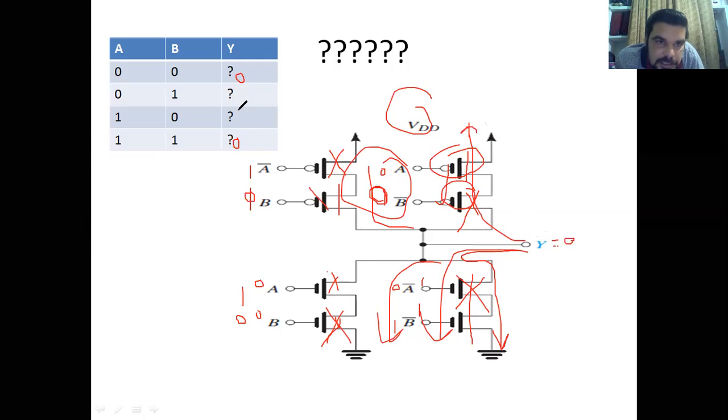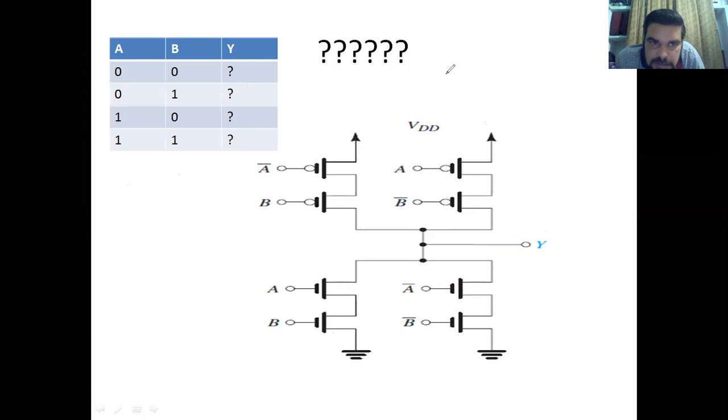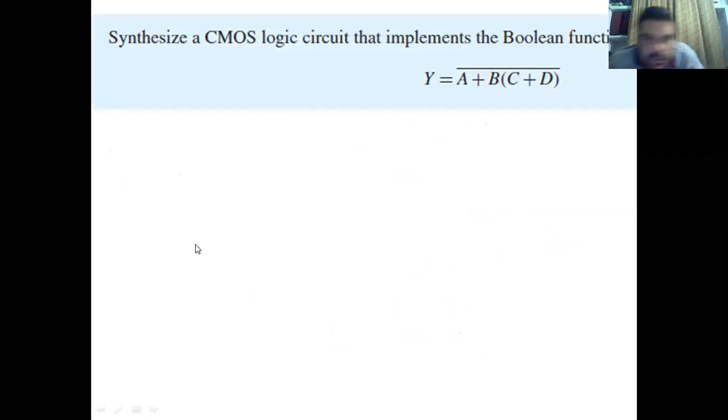It means that if A is 1, B is 0, output will be 1. Similarly, if A is 0, B equal to 1, output will also be 1. So what does this truth table suggest? This truth table suggests a XOR gate. So this is the CMOS logic implementation of a XOR gate. Okay, this is how we implement the XOR gate.